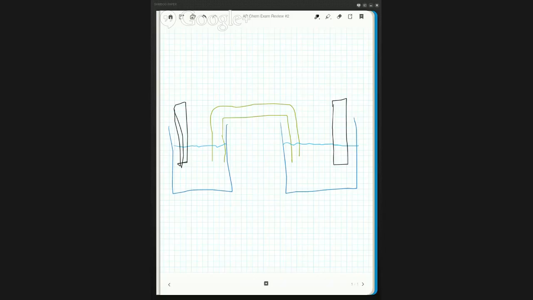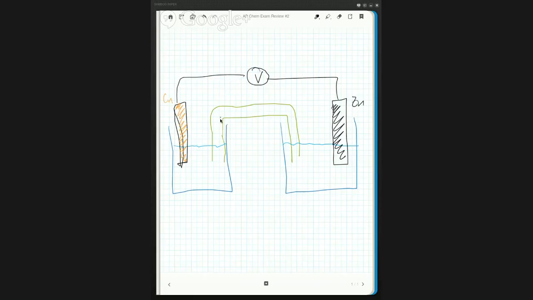I don't have them all totally memorized. Let's do this: this is going to be copper, so this is copper, and this is going to be our zinc. And we're connecting them through a voltmeter.